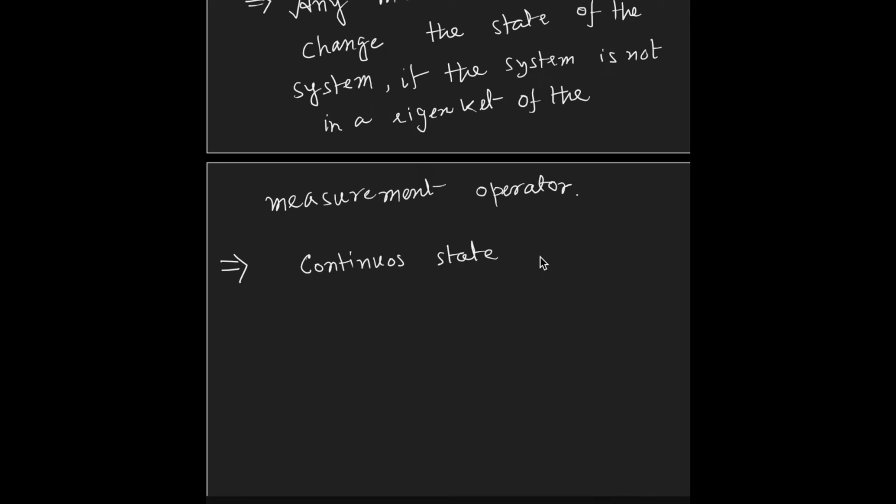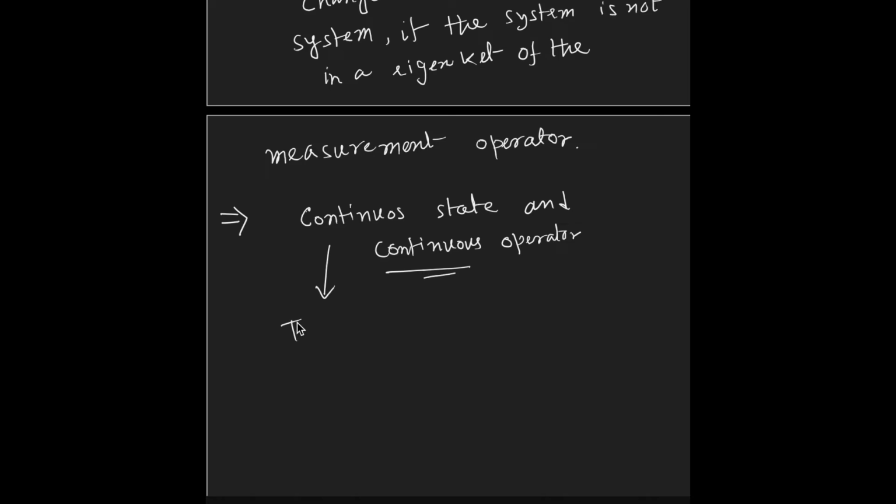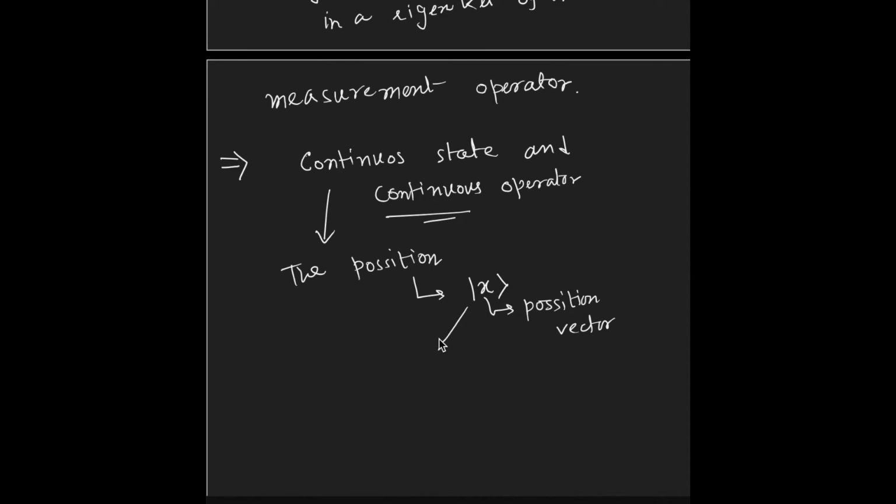One example of a continuous state is the position, which is represented by |x>. |x> is the position ket, and this is the eigenket of the operator x, which is a position measurement operator.